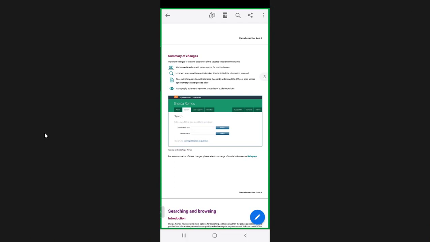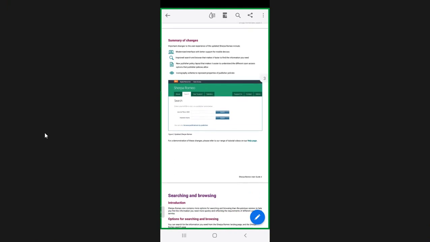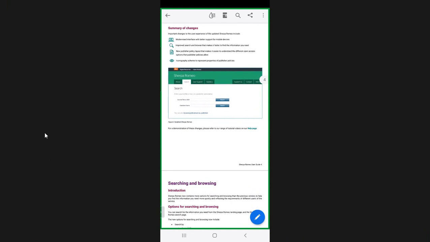If you search with the ISSN number, you will find all kinds of details about the journal. And if it is not a legitimate journal, then you will find a message that it does not exist, or that this journal is a predatory journal.